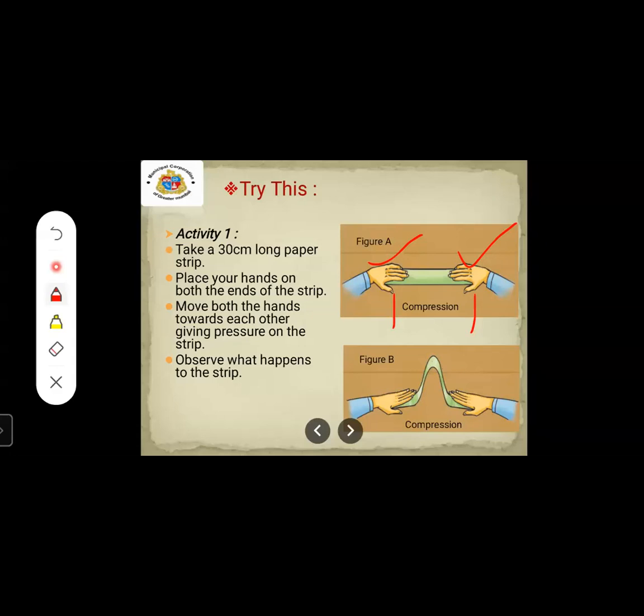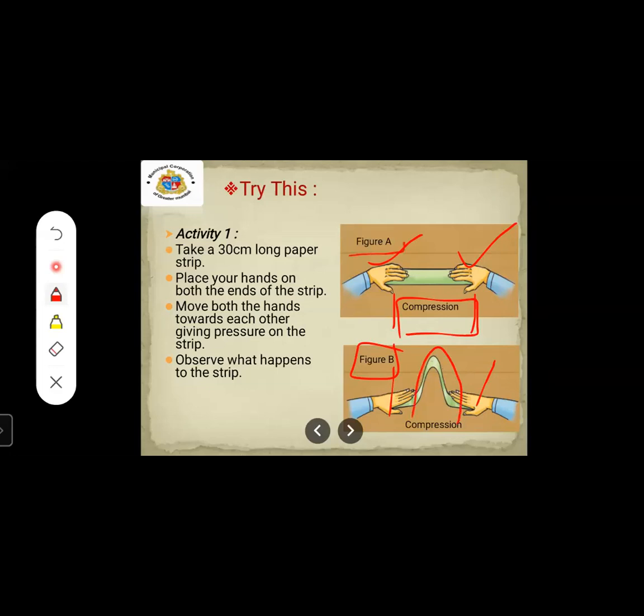When we give pressure, that is known as compression. And in the next figure, B, when we keep both hands like this and move them towards each other equally, you can see there is a fold on the strip.